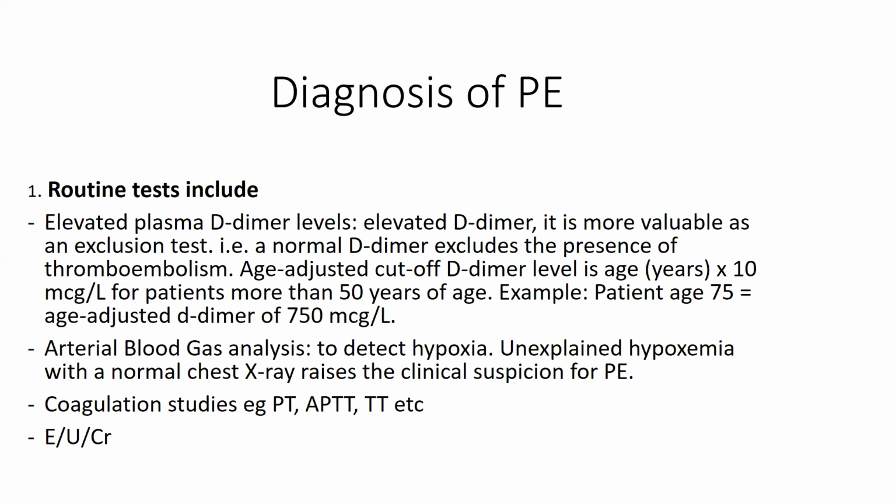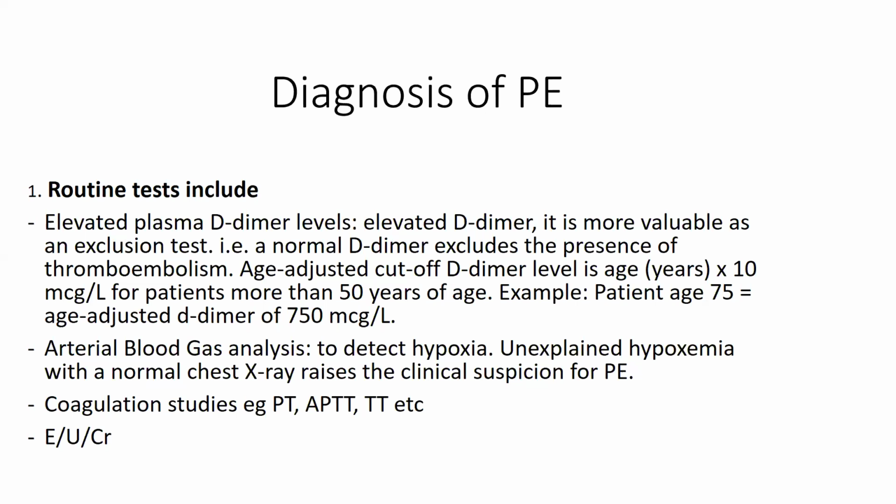There's an age-adjusted cutoff D-dimer level, which is age times 10 microgram per liter for patients who are more than 50 years of age. For example, if your patient is aged 75, the age-adjusted D-dimer will be 750 nanogram per liter.